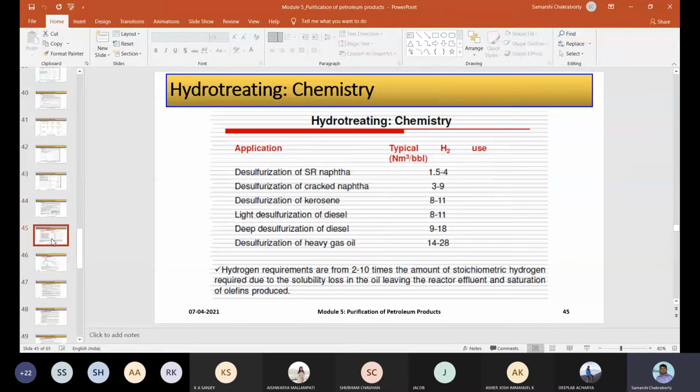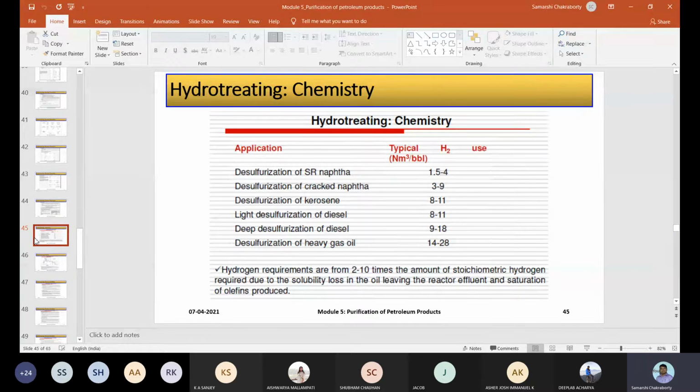So today we'll be talking a little bit more about the necessity of maintaining your hydrogen requirement based on the feed that you are dealing with. Here you can see the desulfurization of straight run naphtha, which is coming from your atmospheric distillation unit. For that purpose, your hydrogen requirement for hydrogenating is on the lower side.